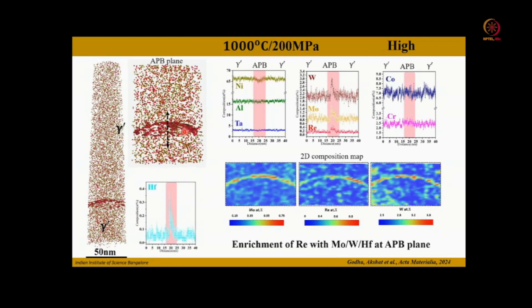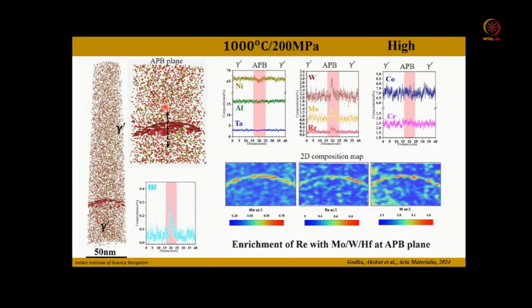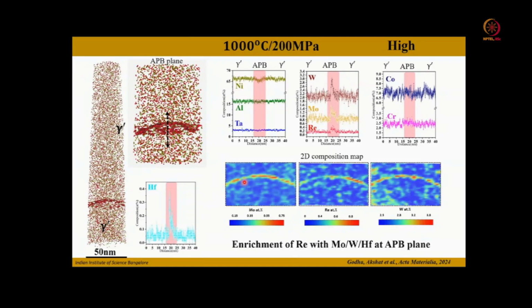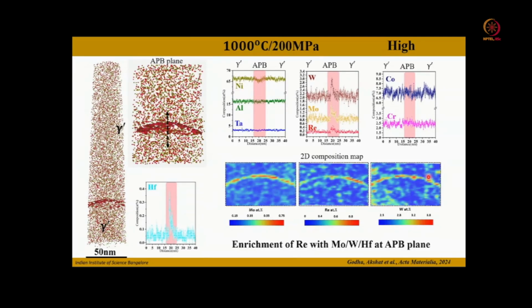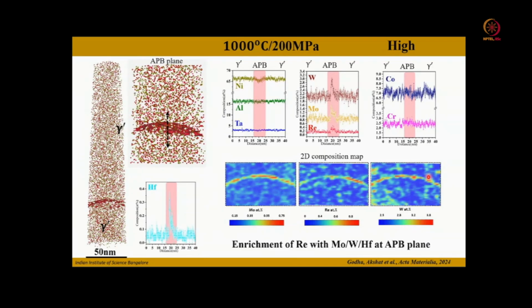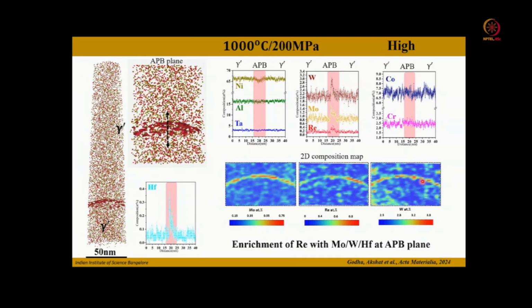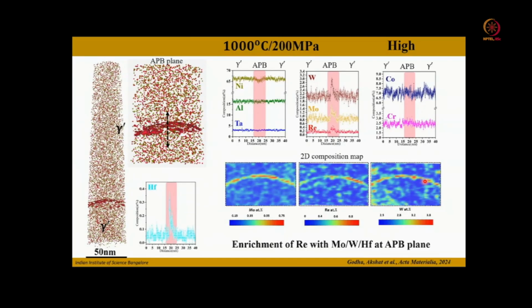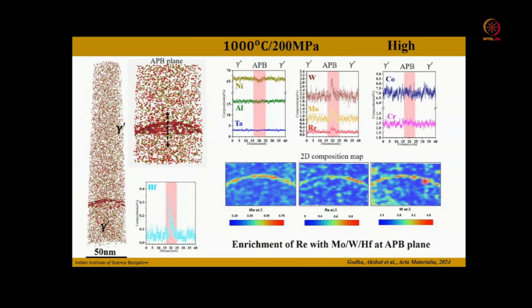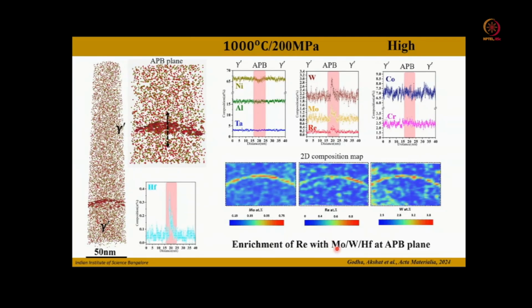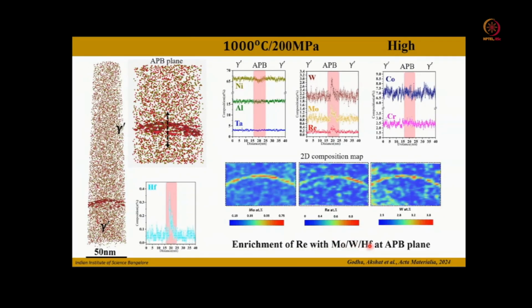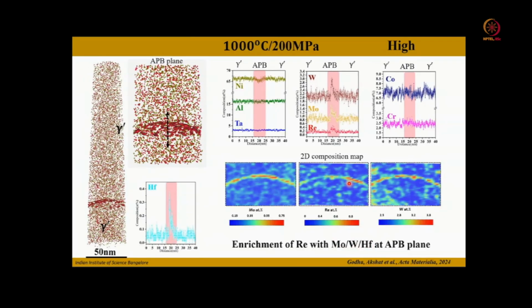If you take the composition profile across this planar feature, we see that the molybdenum, rhenium, and tungsten, which we have seen at the interface, were significantly segregated along this APB plane. It shows that during creep deformation at high temperature, along with rhenium, molybdenum, and tungsten, hafnium also plays a very important role.